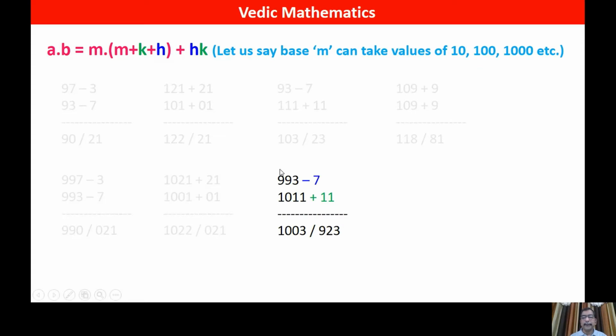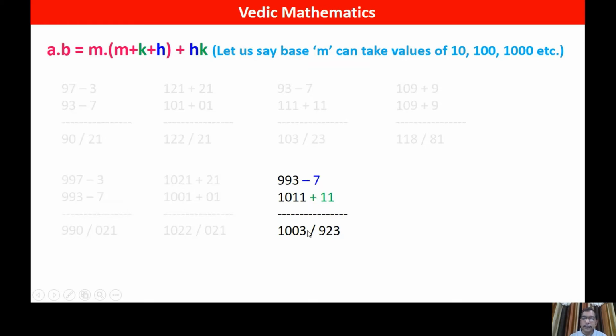Now we take another example, just take a question from the top: 993 multiplied by 1011. So again 1000 plus 11, 1011 minus 7, 1004. Again here 1004, and now 11 times 7 is 77, but this becomes negative.